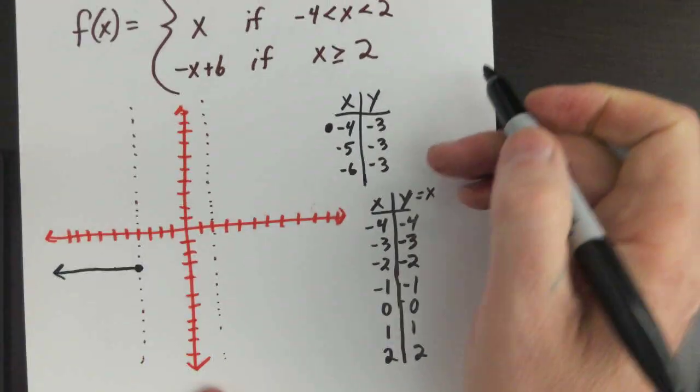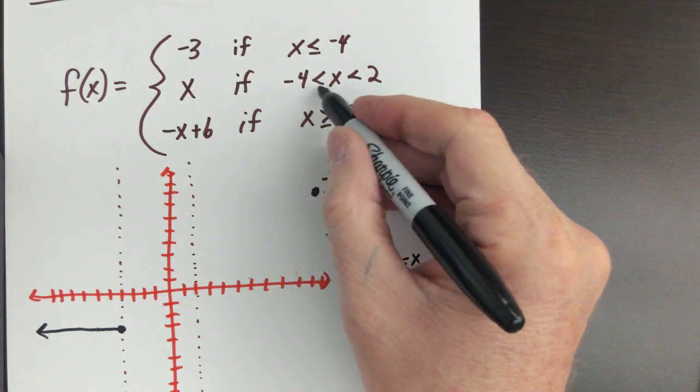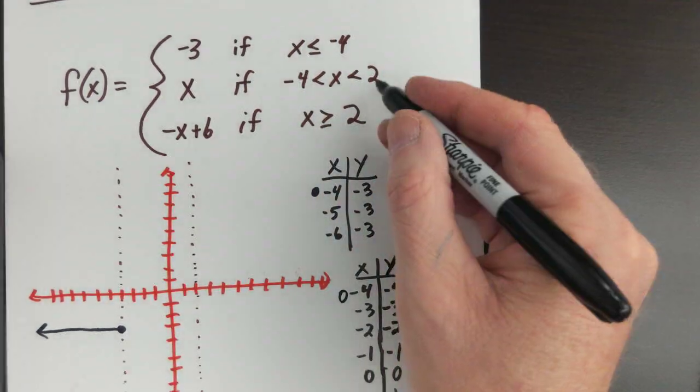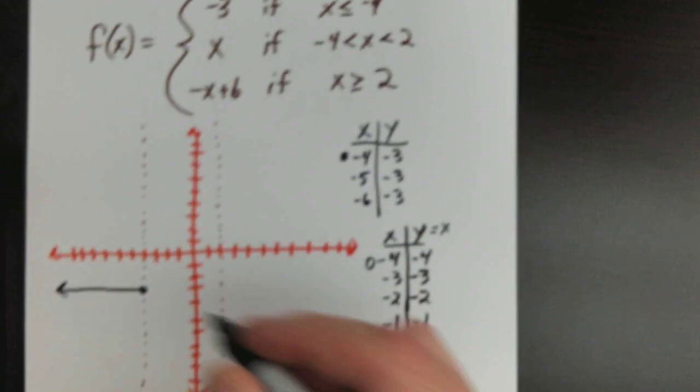The thing I want you to notice here, though, is these inequalities are not underlined, so we will use an open circle at each end, at -4 and 2.